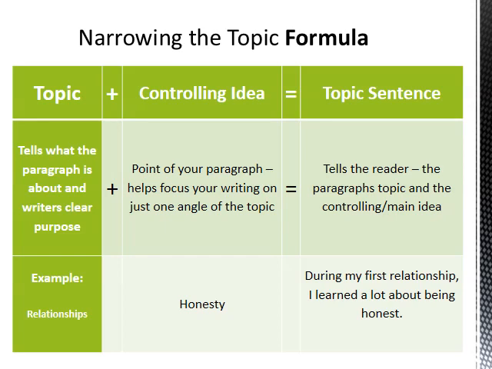So as an example, if your topic in your paragraph is about relationships, let's think about something that we can talk about relationships. Because you can't do a paragraph on relationships. There's no way possible you can do that.